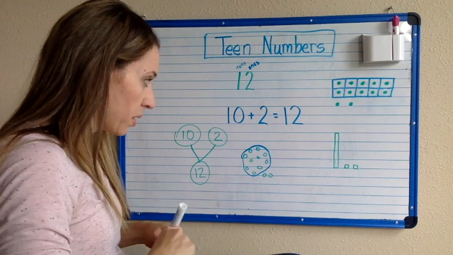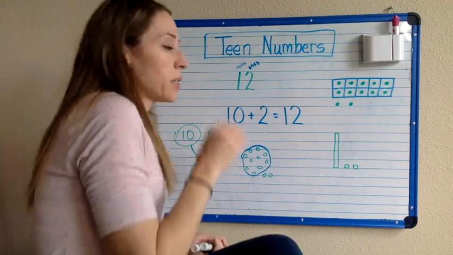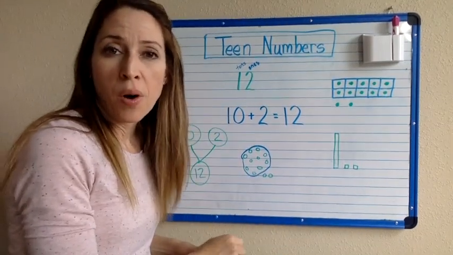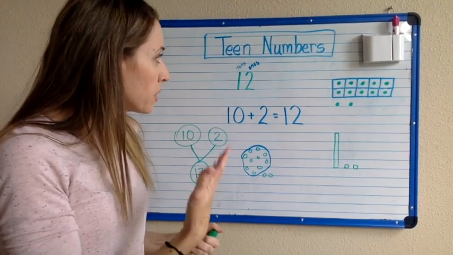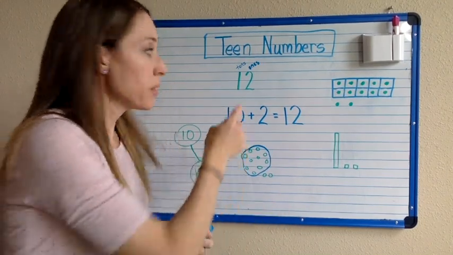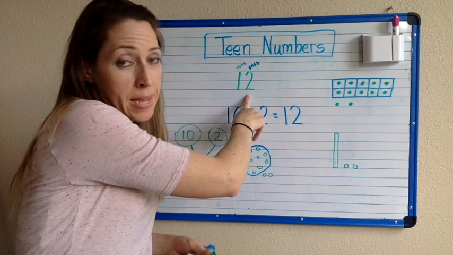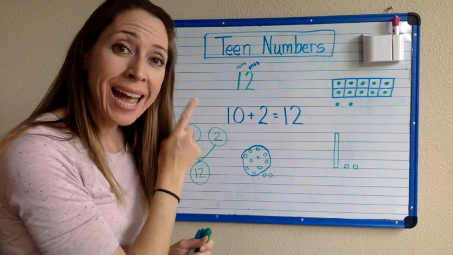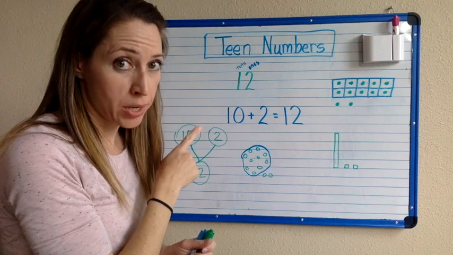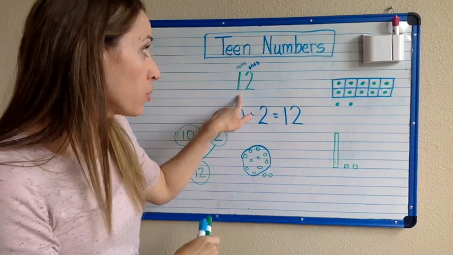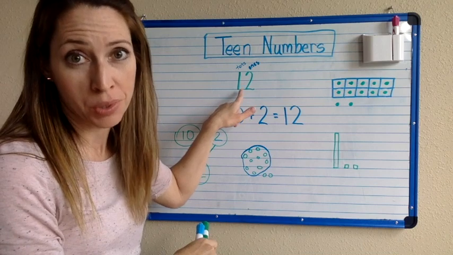So, I said the teen numbers all have something similar in that the ones place is the spot that changes. Okay? With teen numbers, our tens place doesn't change. We will always have one group of 10 for our teen numbers.